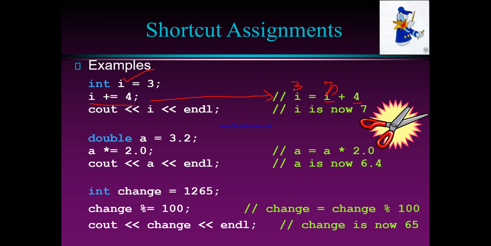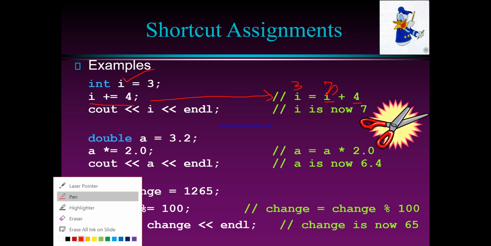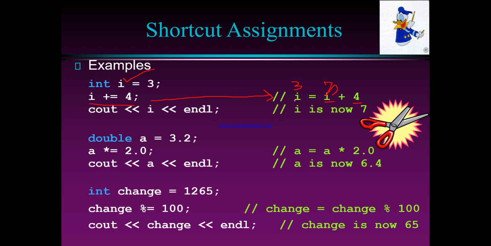Now this 7 will be assigned to I. Initially I was 3, so now it is equal to 7. So when you print the value of I in programming, cout I, you will see 7 on your screen.